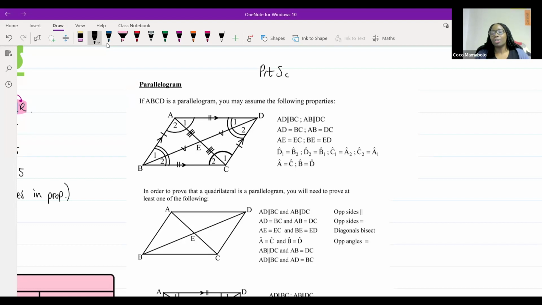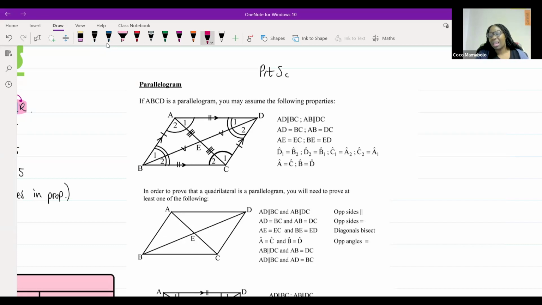All right, so we'll see that there are two different things that they're telling us here. In this first drawing over here, they're giving us the properties of a parallelogram. Right, so you'll see here, if ABCD is a parallelogram, they're already telling us that it's a parallelogram. You may assume the following properties.